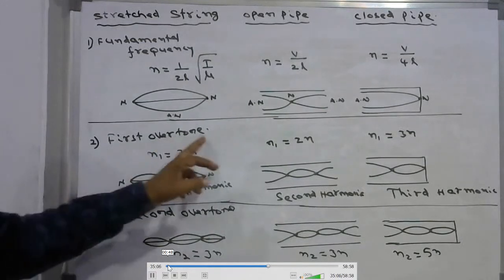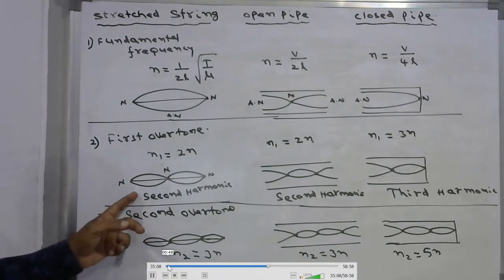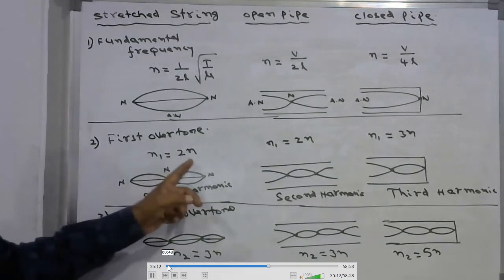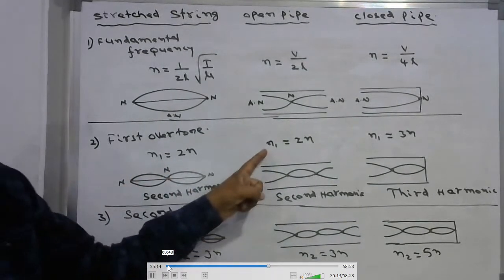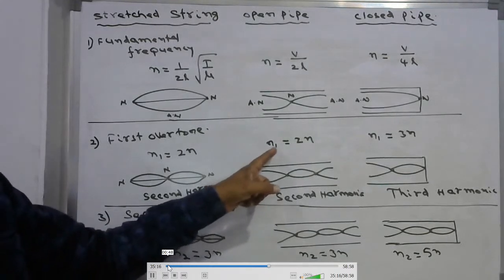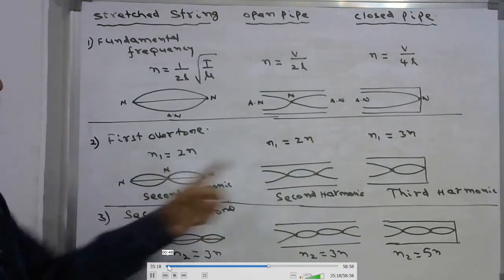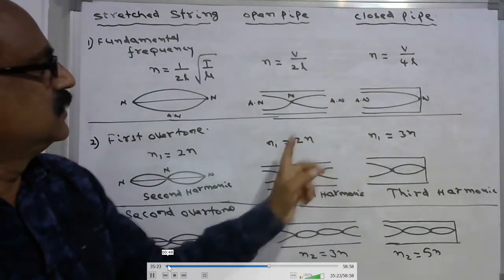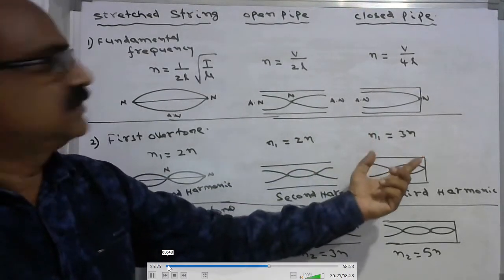The first overtone, in case of stretched string, is also the second harmonic. N1 is equal to 2N. In case of the open pipe, N1 is equal to 2N. So both are same. And in case of closed pipe, there is no presence of second harmonic.